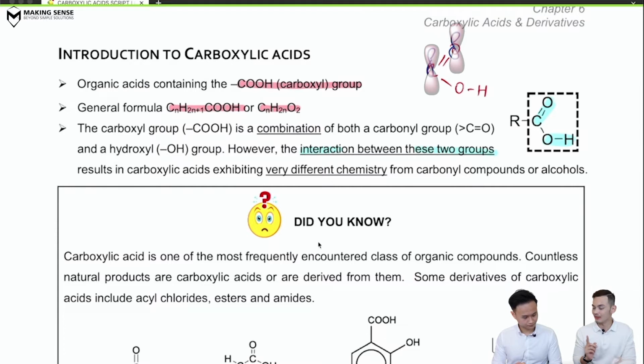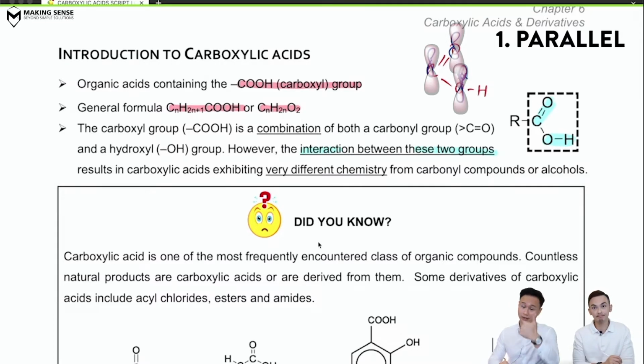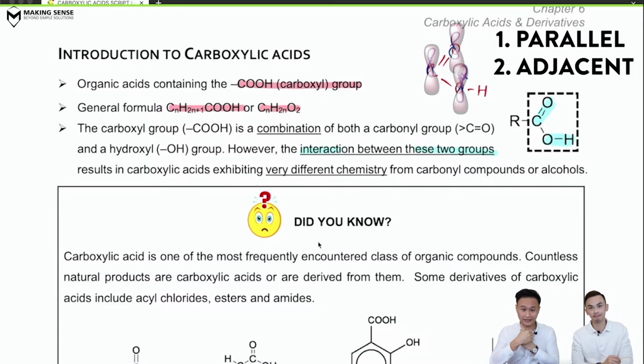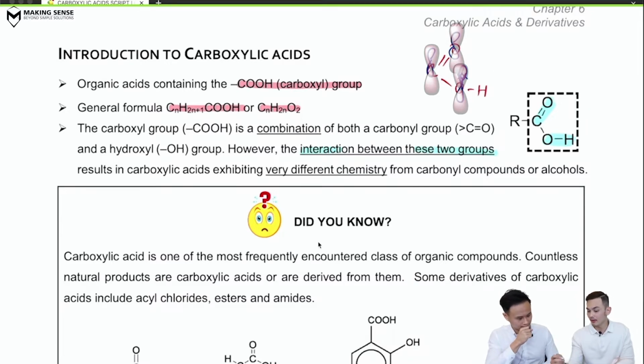And Mr. Tim, if you look at the oxygen, do you think there will be an orbital that's adjacent on it? Yeah, probably, because the oxygen has a lone pair. So the lone pair will also be found in a p orbital. Right. And now these two p orbitals, number 1, they are parallel, and number 2, they are adjacent. So they will sideway overlap. So once you have these orbitals parallel and adjacent, you expect an orbital overlap between them, with two regions, one on top and one below the plane.